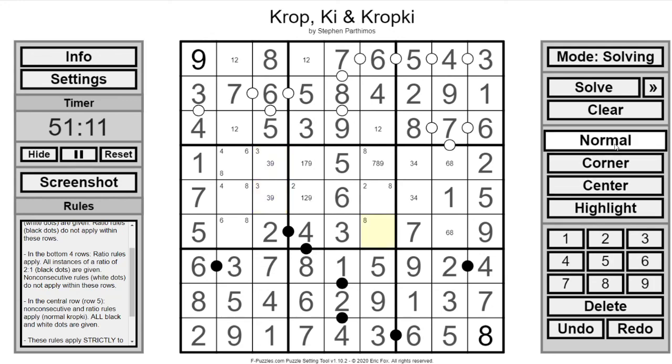Alright, this is a 1 now because of Sudoku. So we now have all the 2s, and non-consecutive means this is a 9. That's a 3, that's a 3, that's a 4. This is a 4 now.